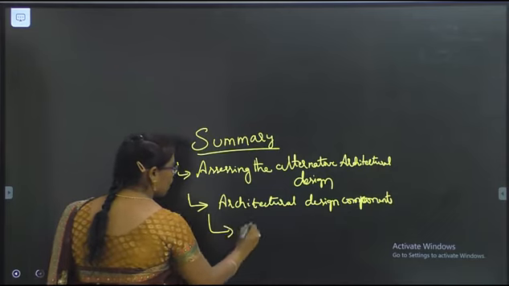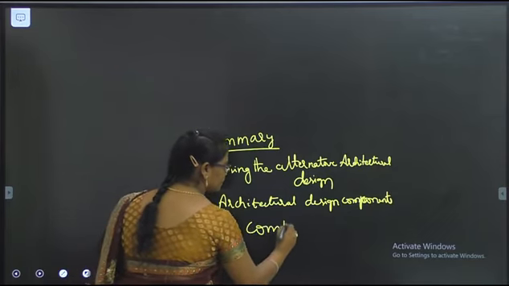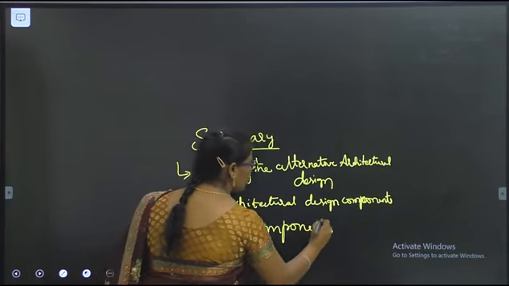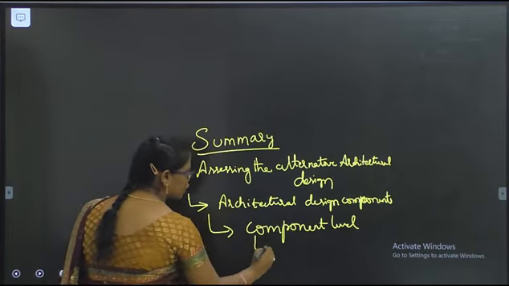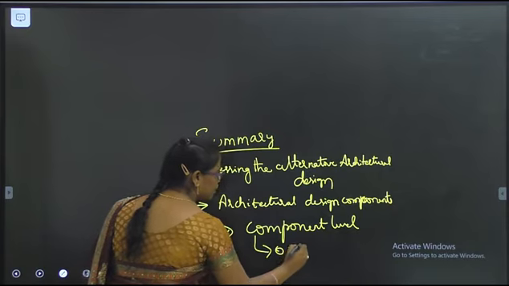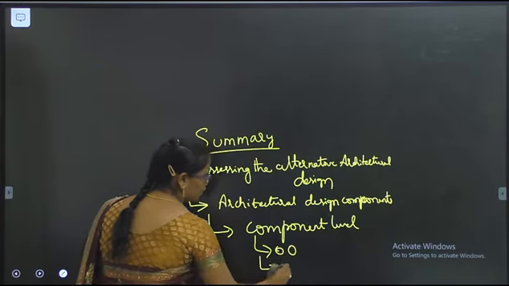And we have seen the component level design. In component level design, we have seen the definition of the component in two ways. One is the object-oriented view and the next one is the traditional view.